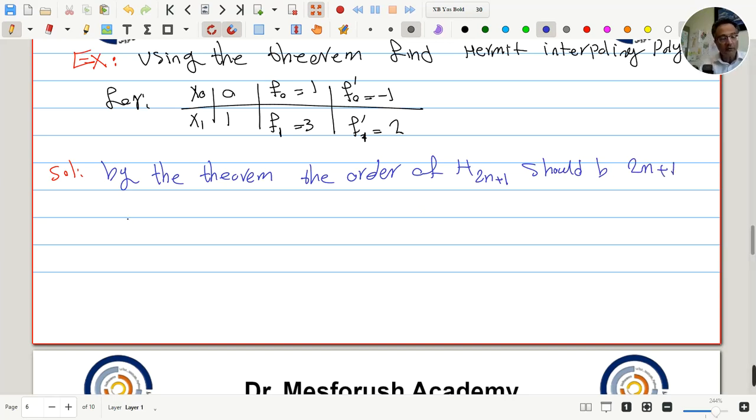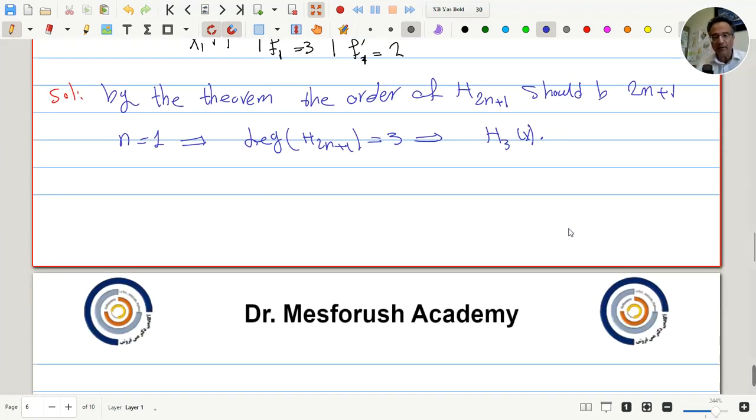Yes, here n is 1. So the degree of H_{2n+1} should be 3. Okay, so in fact I am looking for an H3 of x. Okay, I have to find this one.